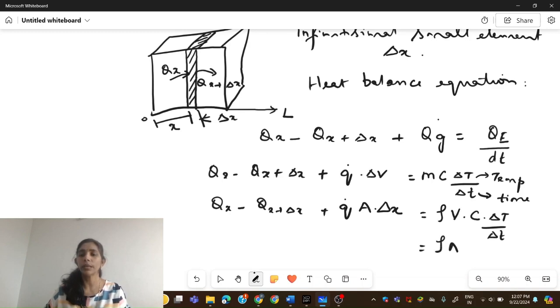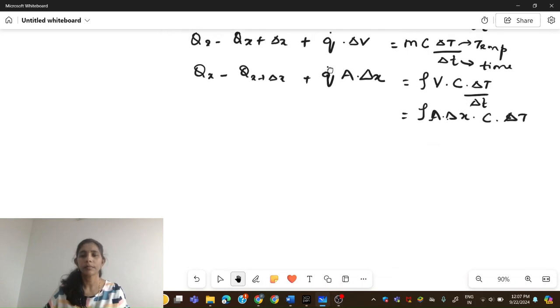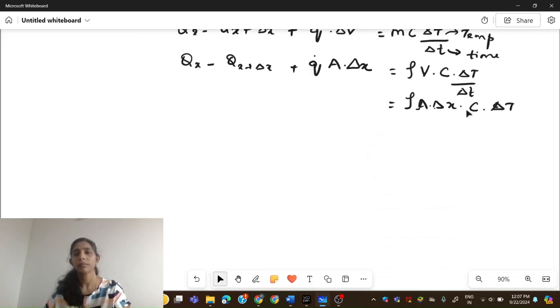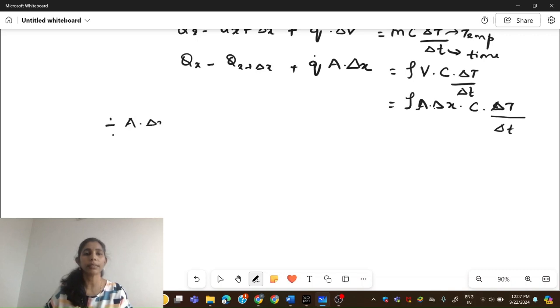So rho into area into thickness into C into delta T by delta t.